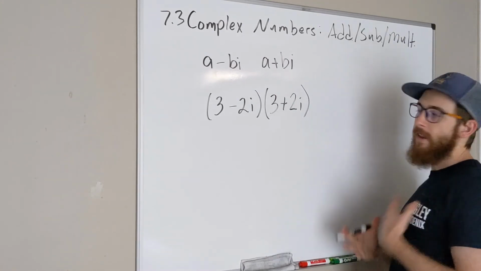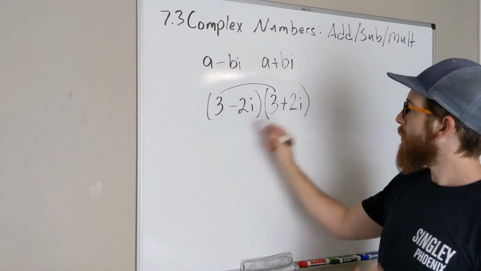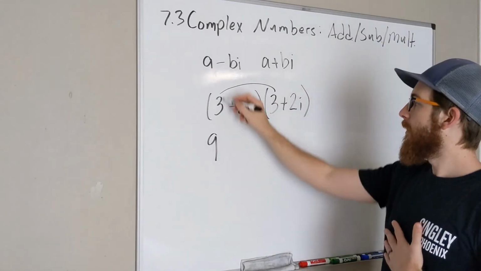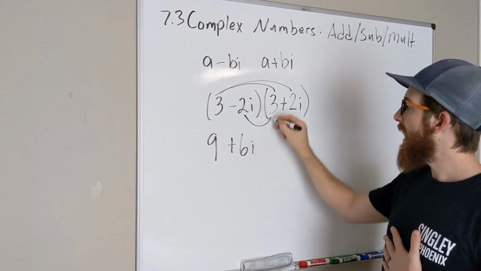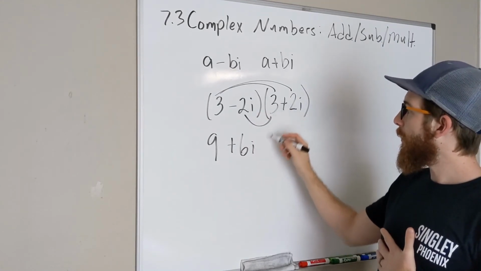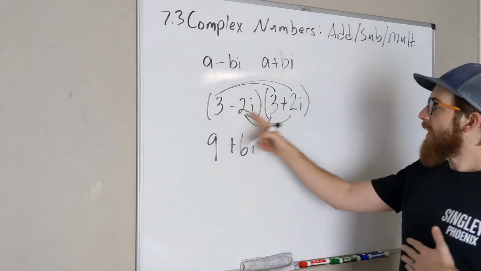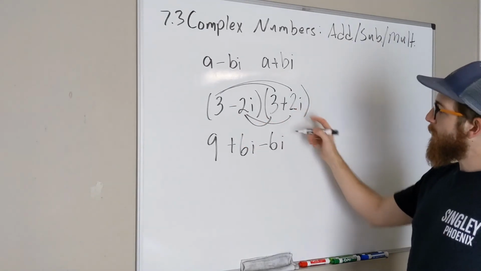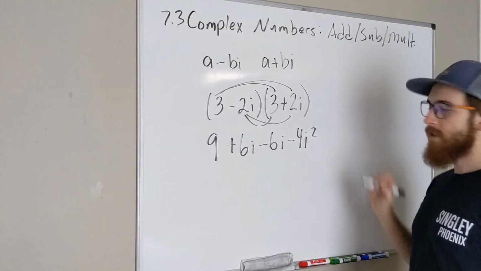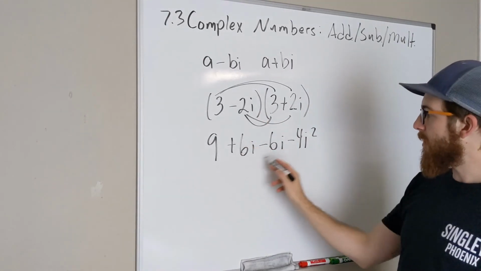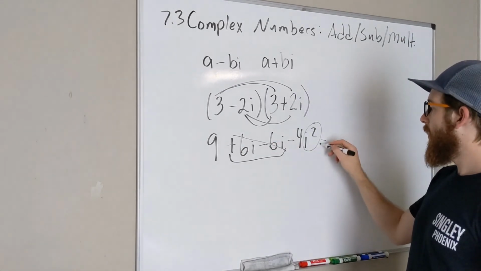Okay, and just to verify that all of these things work out really nicely, let's see what happens. 3 times 3, 9. 3 times 2i, positive 6i. Negative 2i times 3 is negative 6i. Negative 2 times 2 is negative 4 i squared. Okay, what happens to the middle two? They cancel. What is i squared?